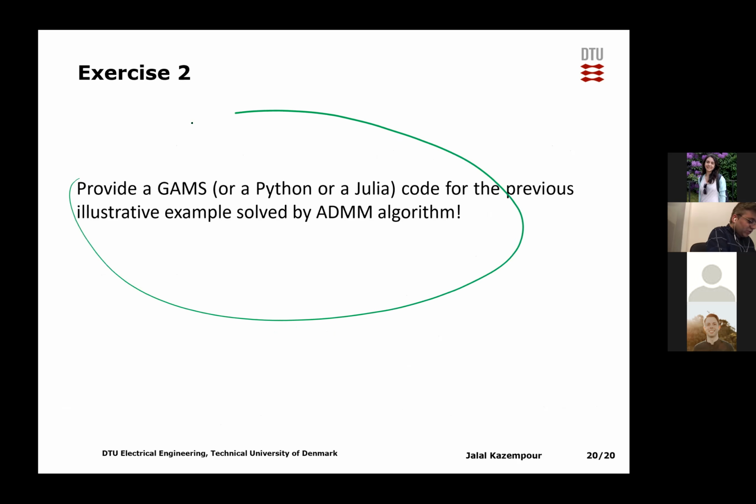So please also write code in GAMS or Python or Julia or MATLAB or whatever, this time for the same example, but using ADMM. Here you can play with the value of gamma. Maybe put a small value for that, next time a big value, and maybe next time you try to make it dynamic. Start with small values in the first iterations and then start increasing the value of gamma, and compare the number of iterations.